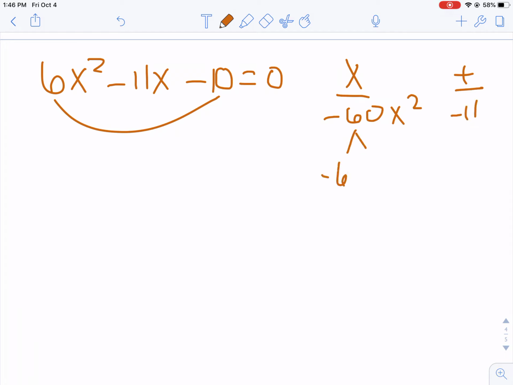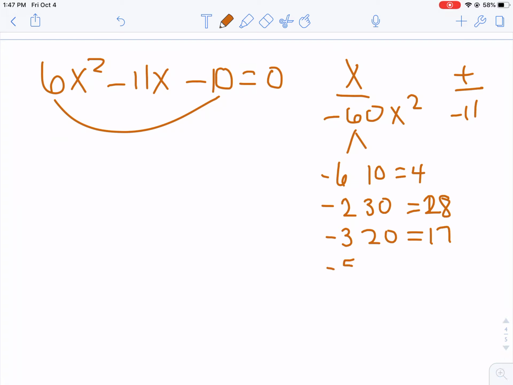Well, I could do negative 6 and 10, but that's 4. I could do negative 2 and 30. That's 28. I know these are all random. I'm just trying to do this one in my head. You do negative 3 and 20. That's 17. And of course I could reverse all of those, but all those are just going to give me the negative versions of those.